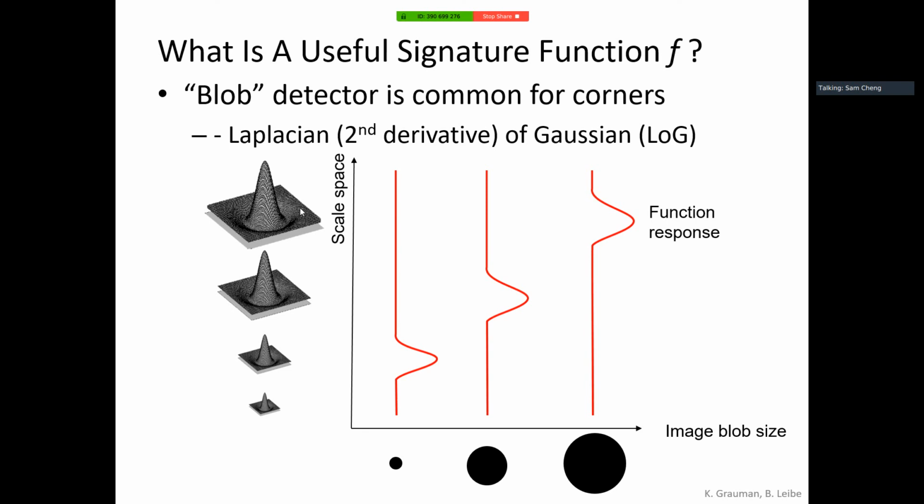If something is flat, you have a low response. If you have a dot here, and outside is either positive or negative, these are two different values. If I move the LoG exactly to here, then I have this peak catching this dot, and it gives me a positive response.